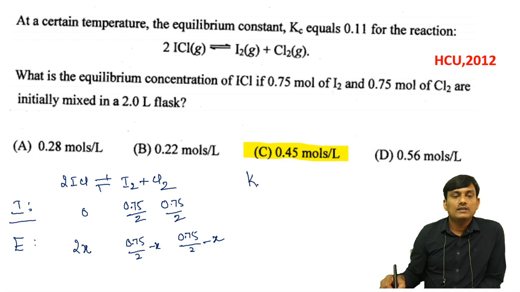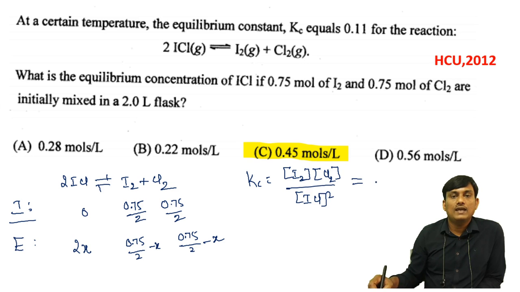Kc is given. Kc is equal to concentration of I2 times concentration of Cl2 at equilibrium, divided by ICl whole square. This one is given as 0.11.